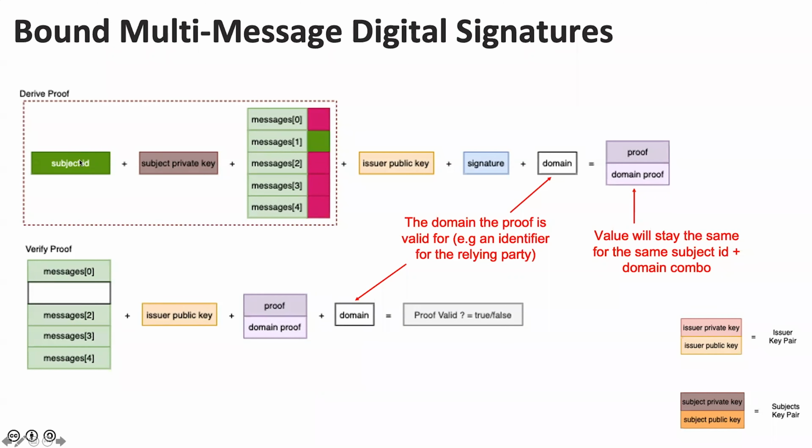And the benefit of that is if you rotated the key pair, if you reissued a new credential and you wanted to rotate the subject key pair for good cryptographic hygiene, as long as this value stays consistent, you can have a new credential issued, but the domain proof will still remain valid. So it removes the ability for essentially Sybil attacks with verifiable credentials in ZKP schemes.